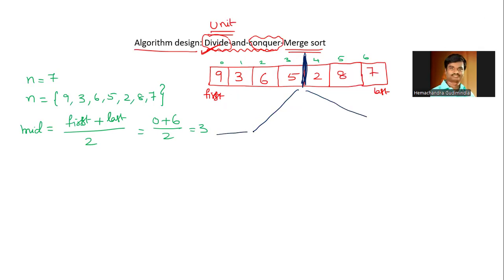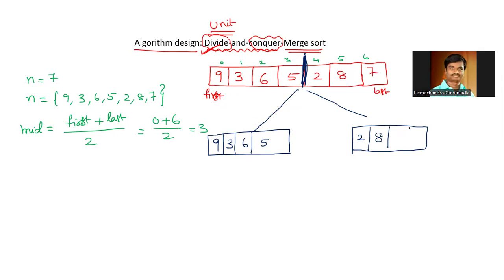One is the left array, which consists of 9, 3, 6, and 5. And the right side array, if you observe, has 2, 8, and 7. First we have performed the divide operation. This we can say is a divide. We divided.